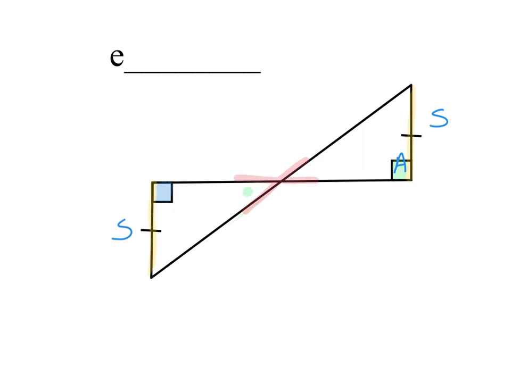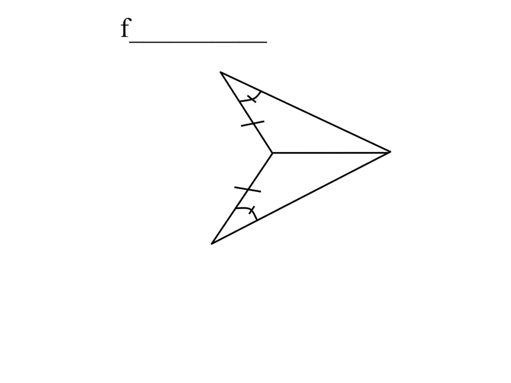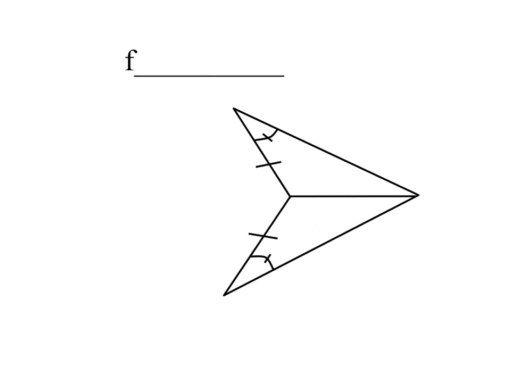So this angle is equal to this angle because of the vertical angles theorem. So far I have an angle, an angle, and a side. So yes, these two triangles are congruent using AAS. Now let's move on to F. Are these two triangles congruent? And if yes, using what property?